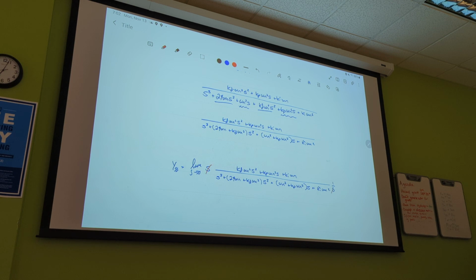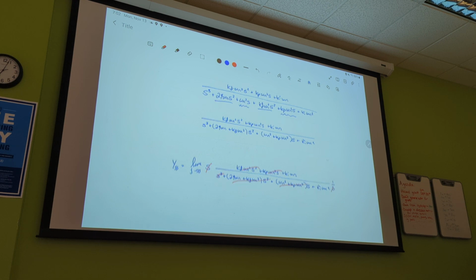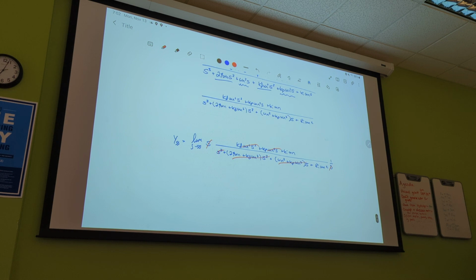Those cancel, that cancels, this cancels, that cancels, this goes to 0. And we're just left with ki times omega n squared over ki times omega n squared, which is going to give you 1. So with a PID controller, it's tracking the step input.